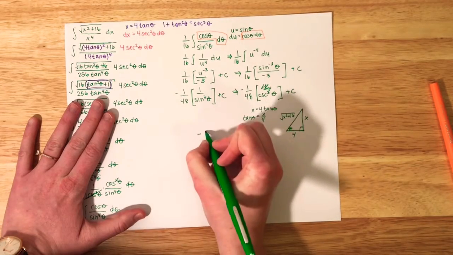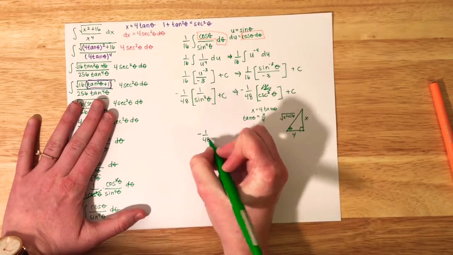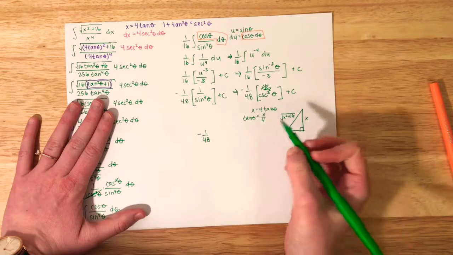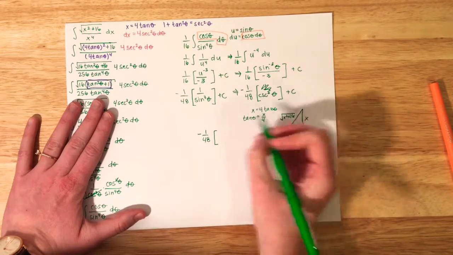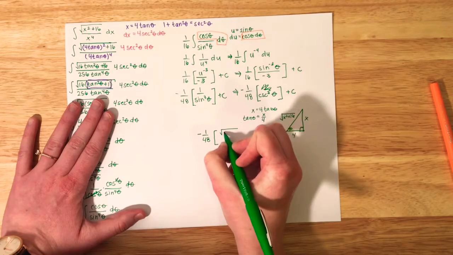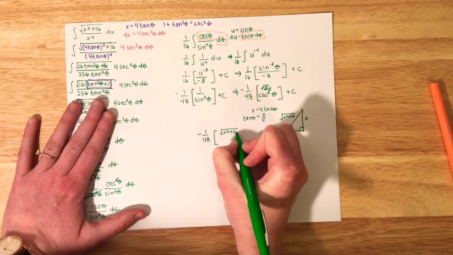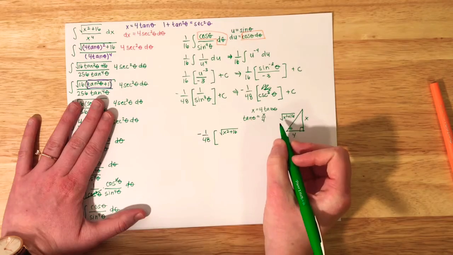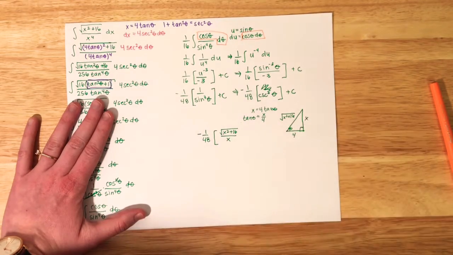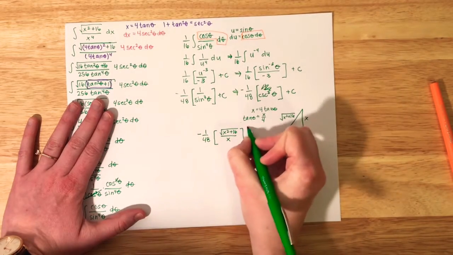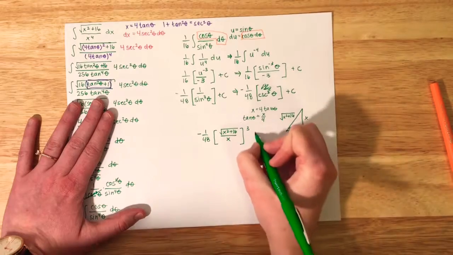So we have negative 1 over 48 times, so hypotenuse is the square root of x squared plus 16 over opposite, which is x, and this is going to be cubed.